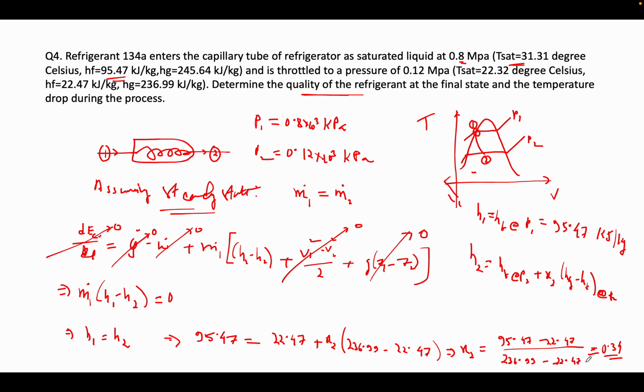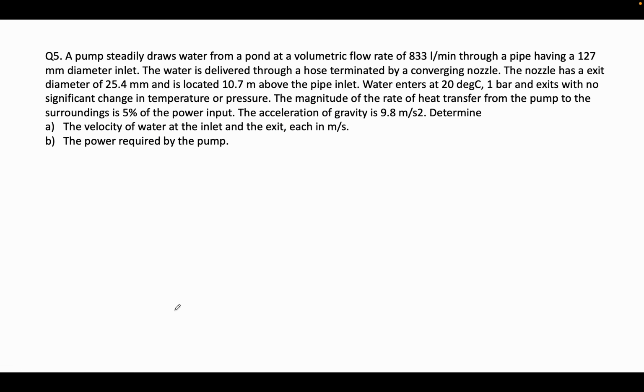Let us move to the next question. A pump steadily draws water from a pond at a volumetric flow rate of 833 liters per minute through a pipe having 127 millimeter inlet diameter, and water is delivered through a hose terminated by a converging nozzle.